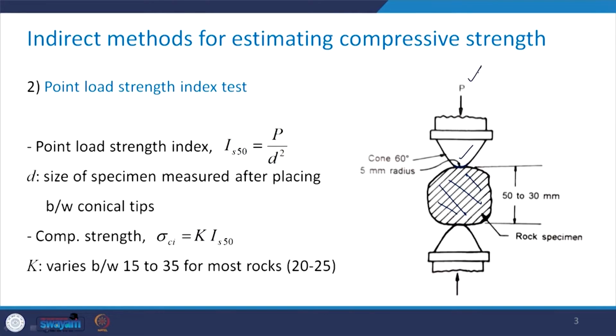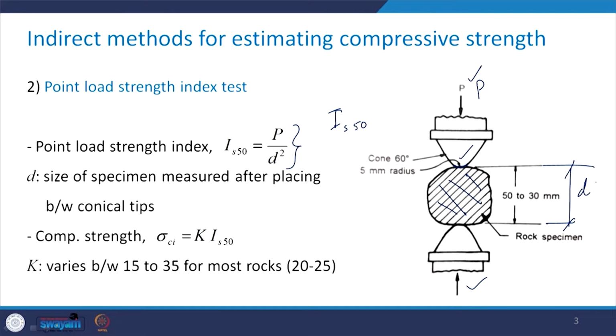You apply this point load here, which is capital P. The point load index is defined as Is50, which is equal to P upon D square, where D is the size of the specimen measured after placing it between the conical tips, that is, this dimension D.